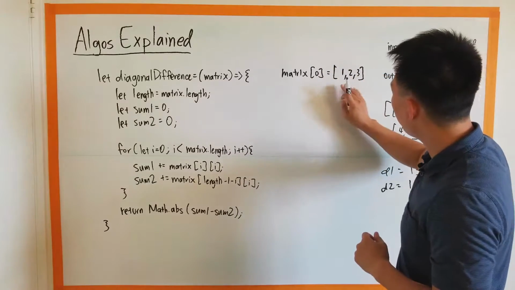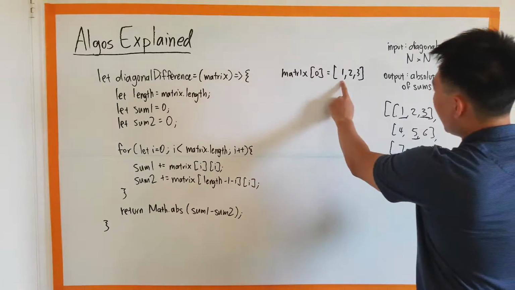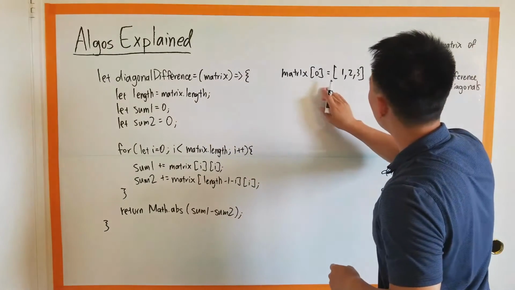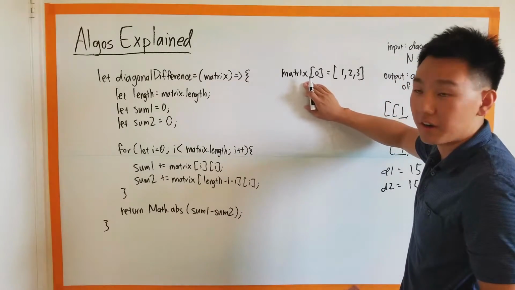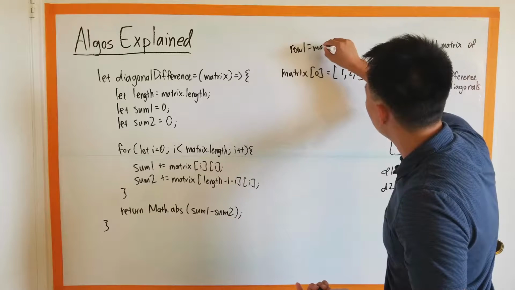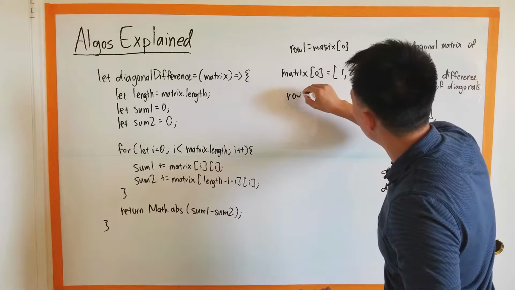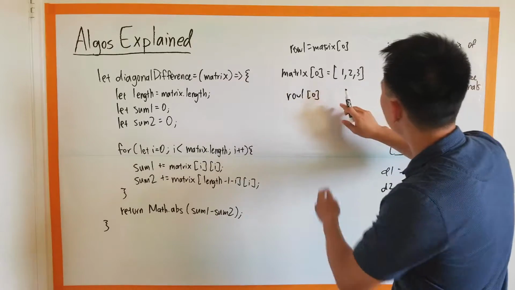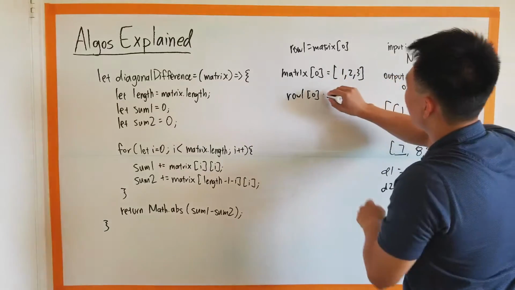And now if we want the 1, well, we want the 1 to start our diagonal this way. That is the index of 0. So maybe you even want to put that as a variable. If you did row 1 equals matrix of 0, then now you can do row 1 of 0. And now you know that row 1 is equal to this guy right here, so row 1 of 0 will be 1.